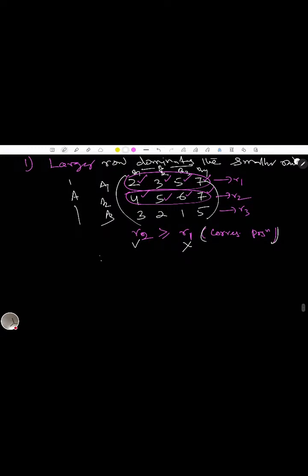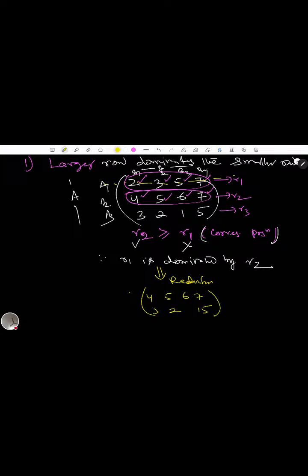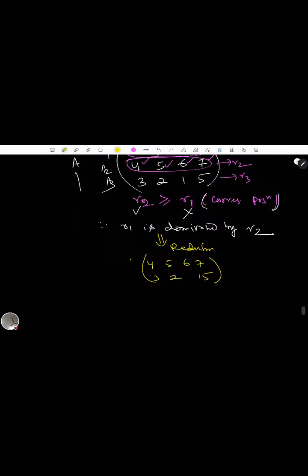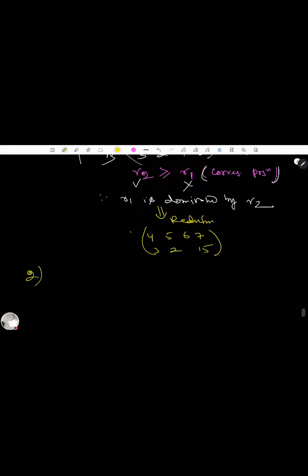Therefore R1 is dominated by R2, so it can be removed now. So what is the reduction now? The reduction here is this row will be dominated and removed, leaving 4, 5, 6, 7; 3, 2, 1, 5. Okay, so now it is reduced. Accordingly, we go on reducing. Coming to rule number 2, the smaller column will dominate the larger column.